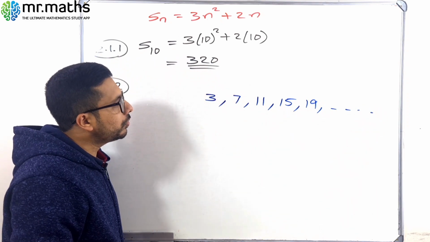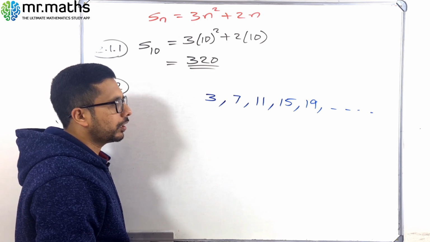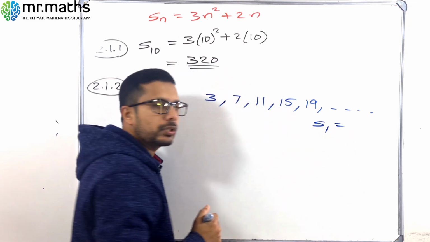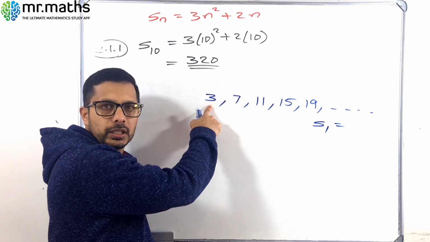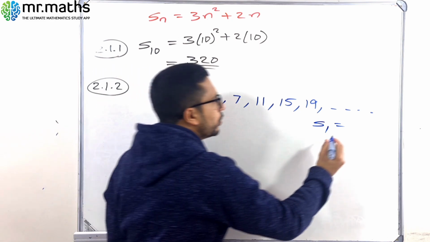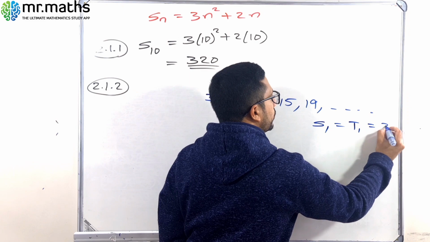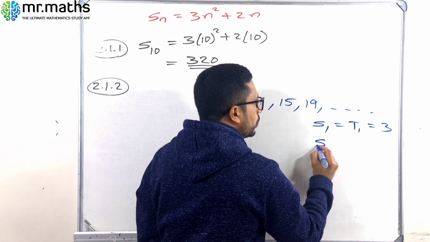I wrote a sequence here. Now what is S1? S1 stands for the sum of the first term, so the first term itself is T1. That is 3. Now what is S2?